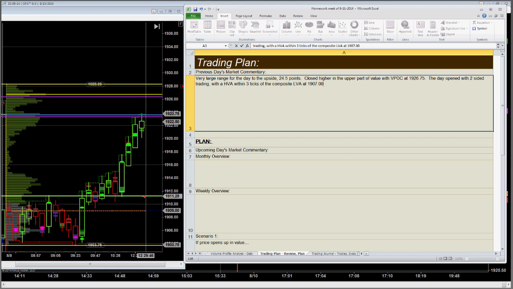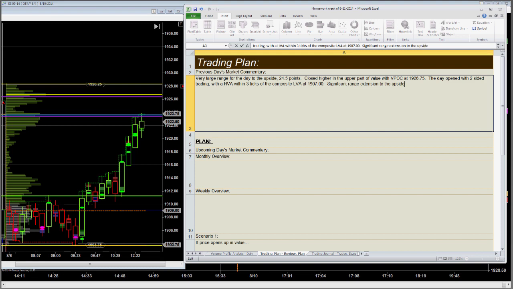Now we also have IB marked, right? And we can see once price got through IB, it moved higher. So what I'm going to say about that is significant range extension to the upside.